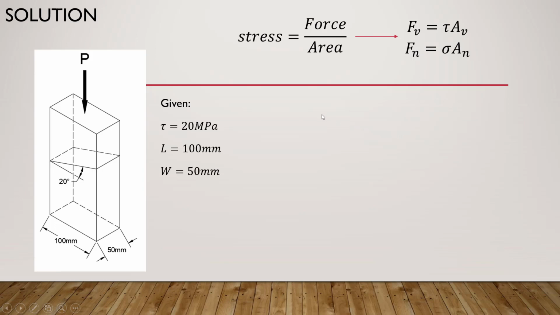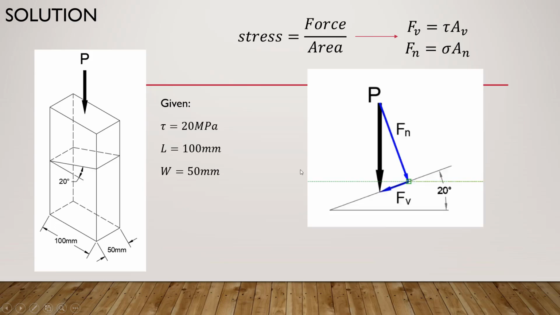So let's make a free body diagram, representing the plane and the force. So here is our free body diagram. This is the plane of the grain. This represents the grain of the wood, which is 20 degrees inclined. This force P is the force we are going to compute.